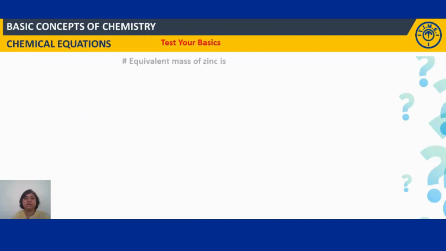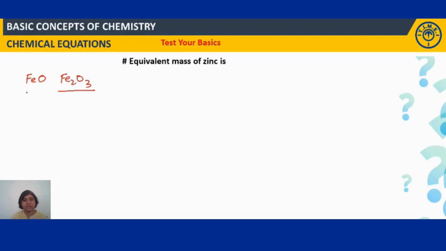Next question is equivalent mass of zinc. So again we are handling equivalent mass. Already I said, equivalent mass of a metal is calculated as the atomic mass of the metal divided by its valency. Now, a metal like iron has a variable valency. It can have +2 and +3 valency. Let us take iron as an example, with ferrous oxide and ferric oxide.